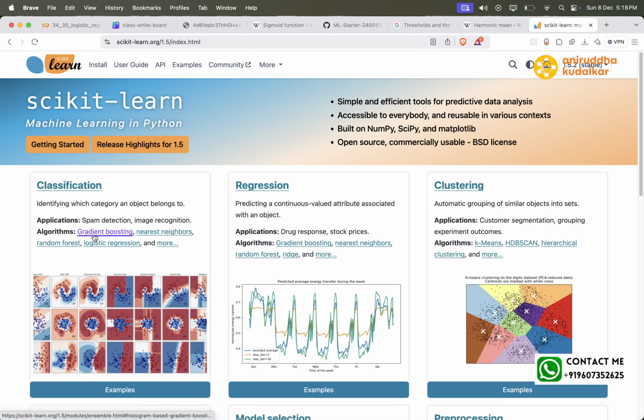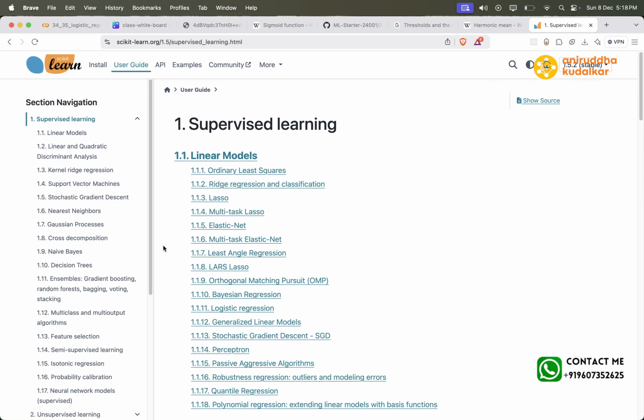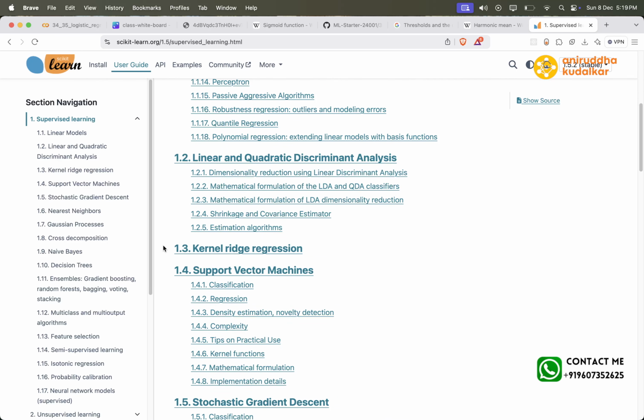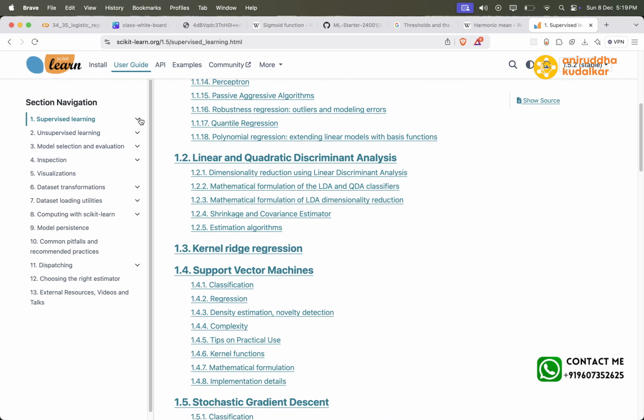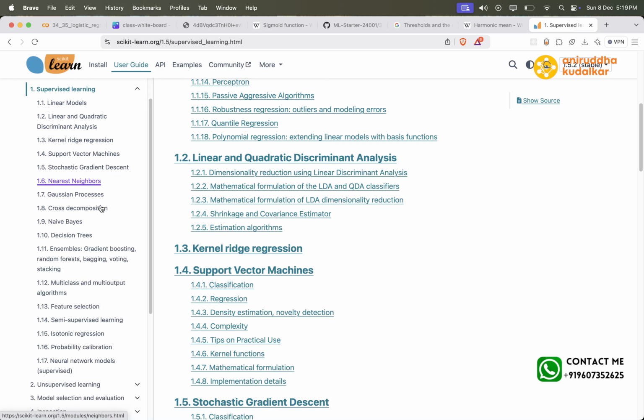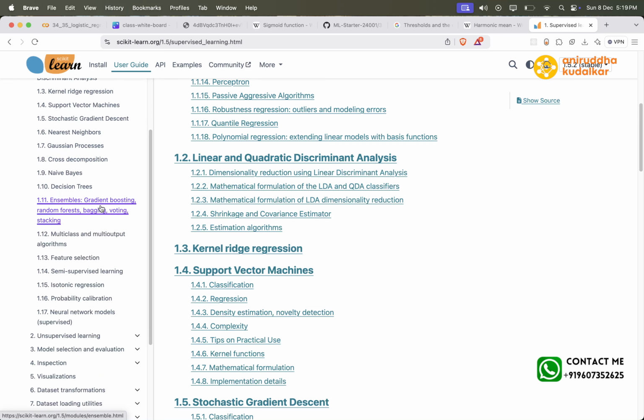Can you see the algorithms: gradient boosting, nearest neighbors, logistic regression, and more, in supervised learning? How many classification models are there?